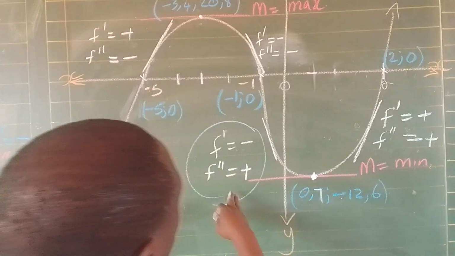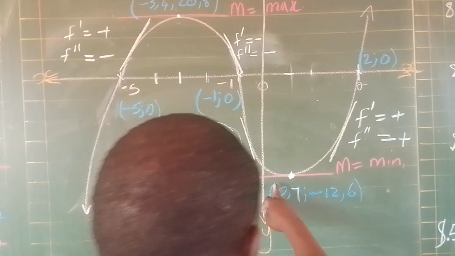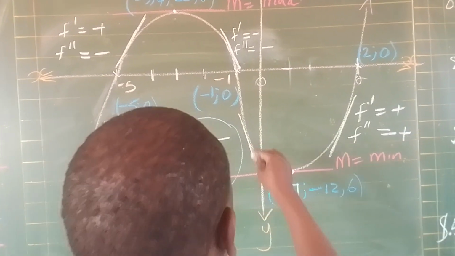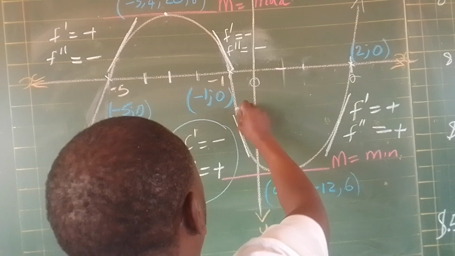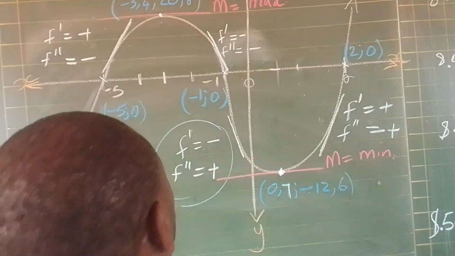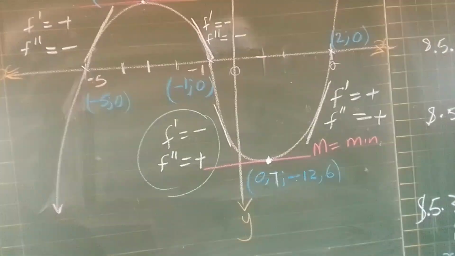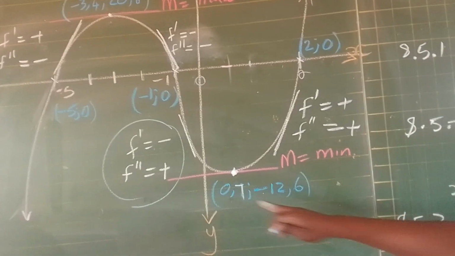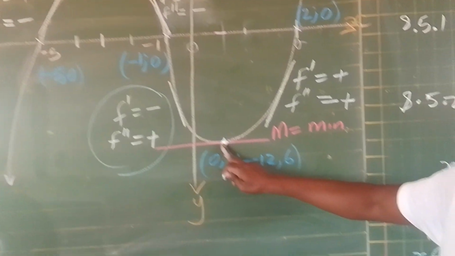Where do we start about this one? We take it from -1. This union must be here up until here.